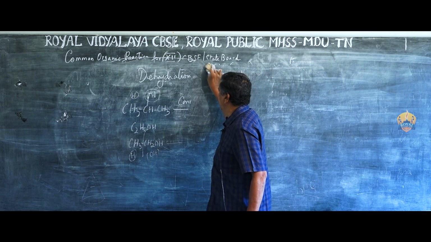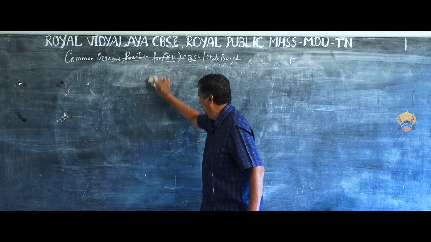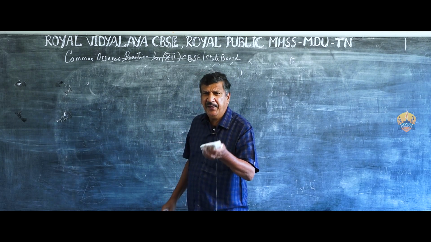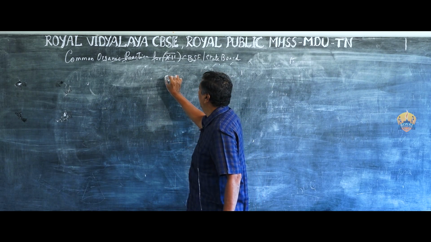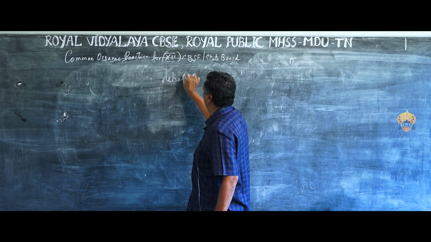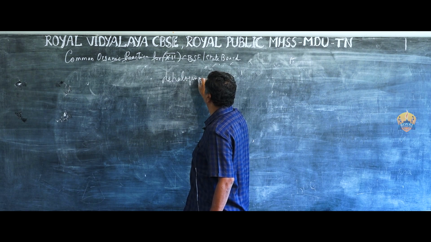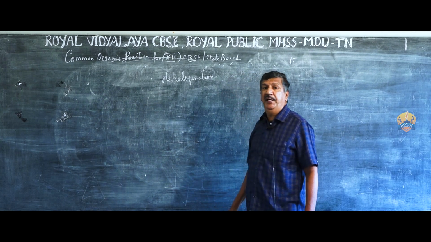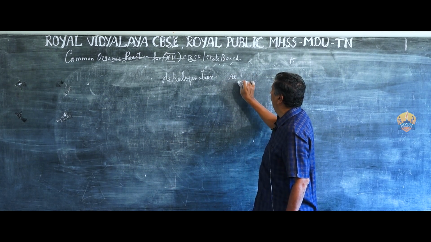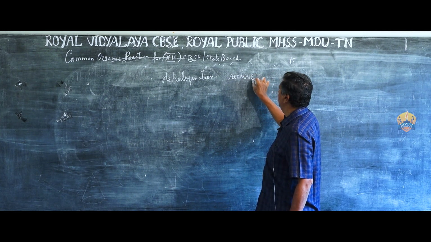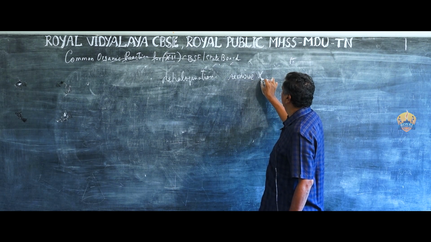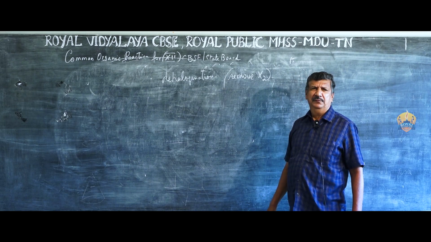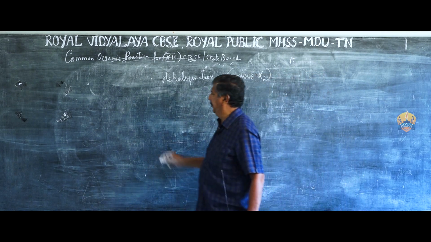This is dehydration. Next one, we are going for hydration. Before that, we'll see this one, dehalogenation. Dehalogenation means removing halogen. Remove the halogen alone. I'll write the formula for this.